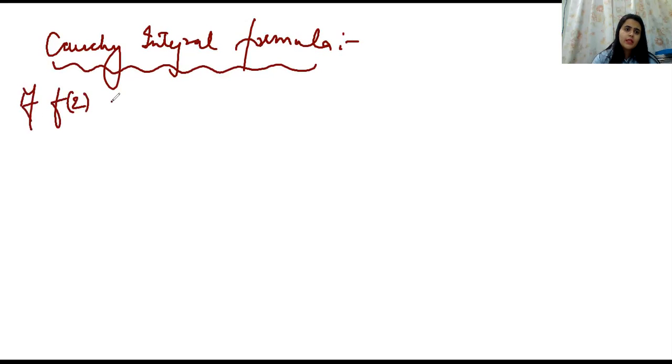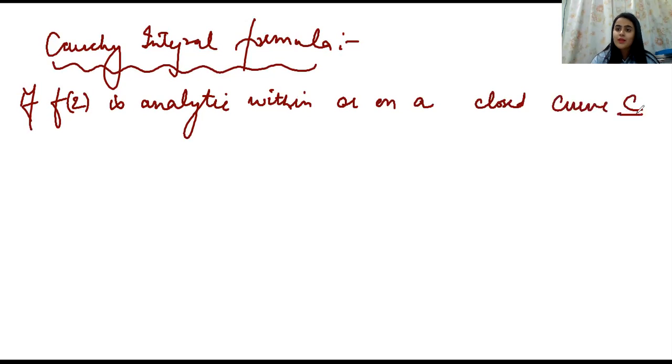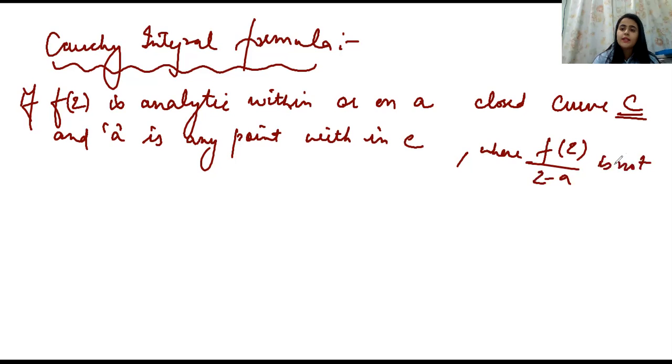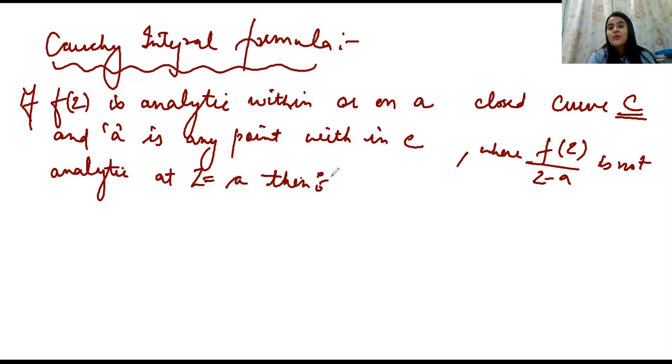If f(z) is analytic within or on a closed curve C, that is, our function f(z) is analytic inside or on the simple curve C, and a is any point within C where f(z)/(z minus a) is not analytic at z equal to a, then, in my next video I'm going to tell you what an analytic function is and how you show that it is analytic or not.